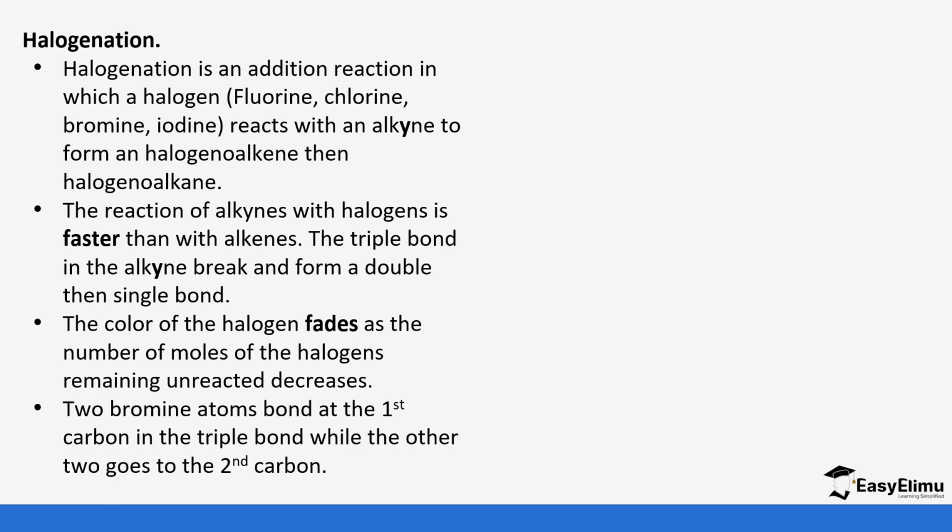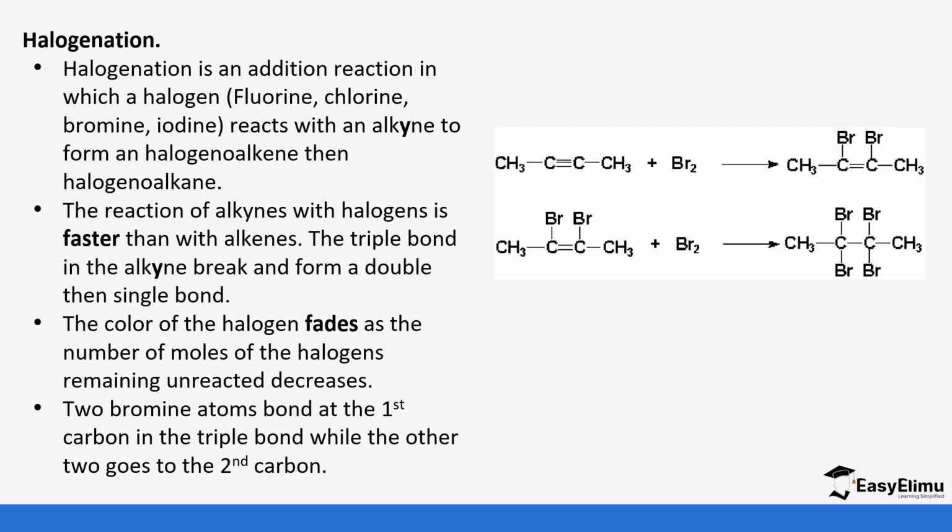For example, when ethyne reacts with bromine, two bromine atoms usually add to the first carbon, while the other two go to the second carbon. In this case, we are reacting butyne. You see the first bromine atoms have attached themselves to the two carbons, and then in the next reaction, they attach themselves again.